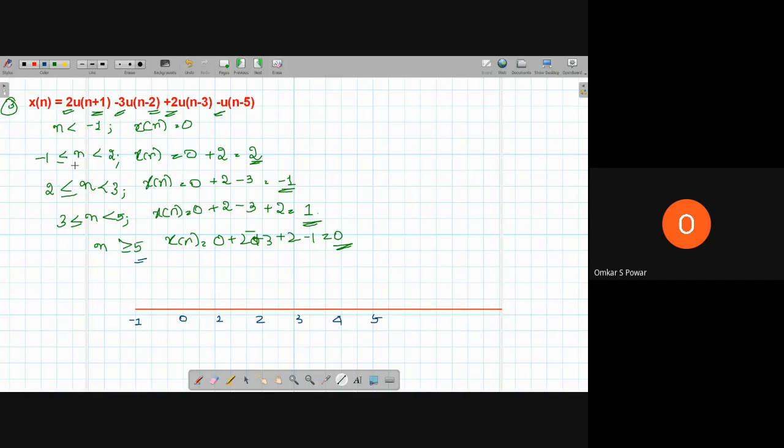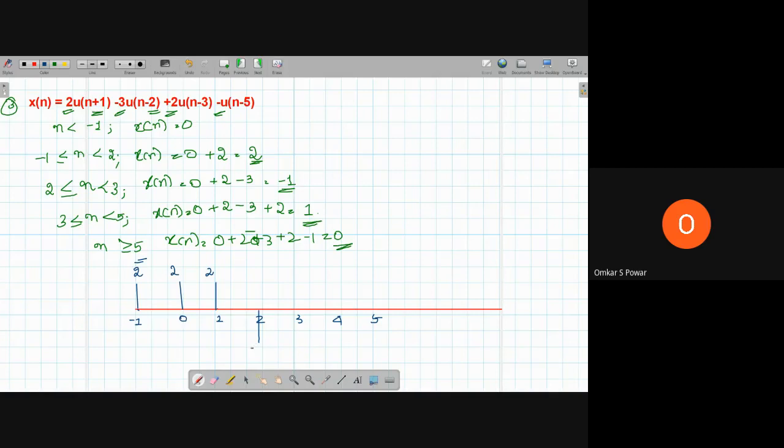So n is greater than or equal to minus 1 from here, but less than 2, not equal to 2, the value is 2. But n is greater than or equal to 2, less than 3. What is the value?